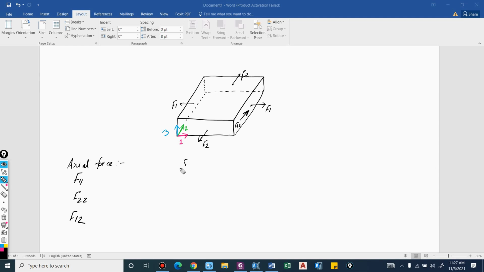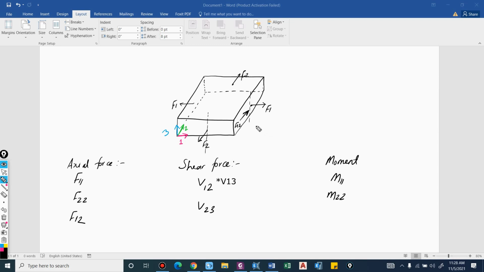Now another we had is about shear force, V12 and V23, but before that let me make it clear about moment, M11 and M22. So let us take this axis and along this direction.